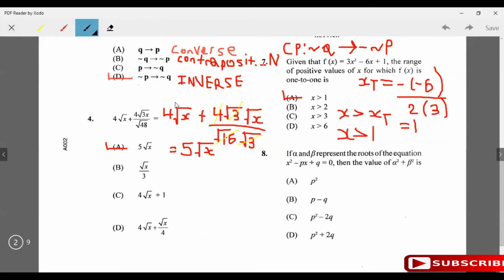They're asking us, find alpha squared plus beta squared. This is a repeat question that we do every week. Alpha squared plus beta squared is equal to alpha plus beta all squared minus 2 alpha beta.